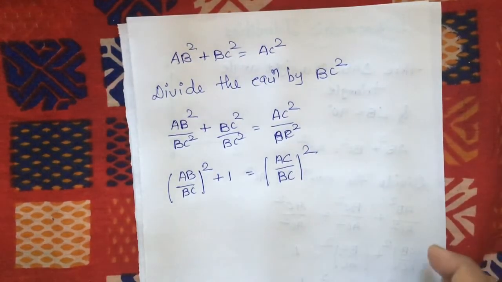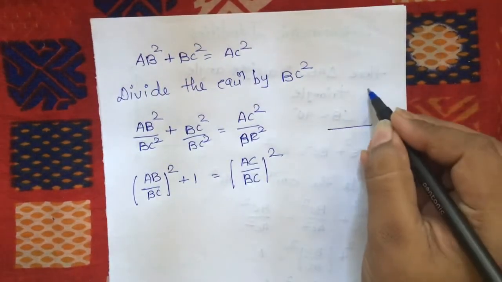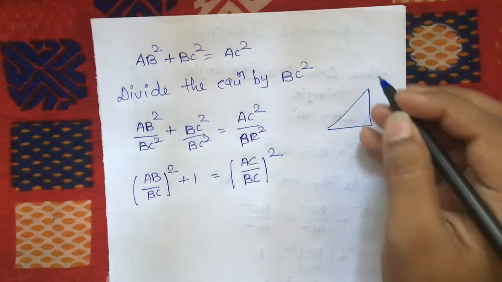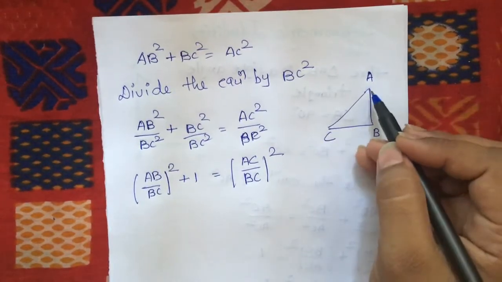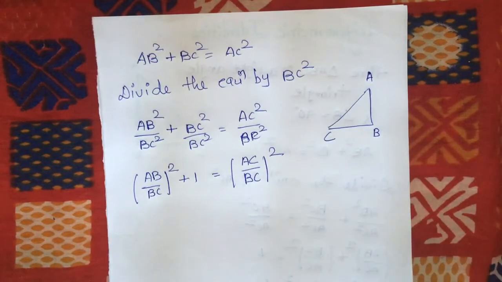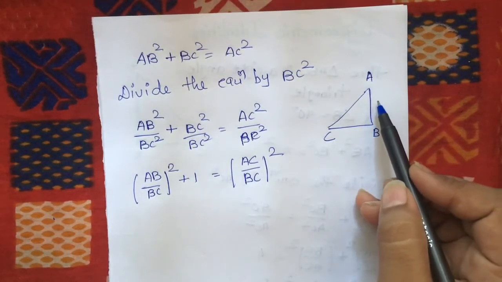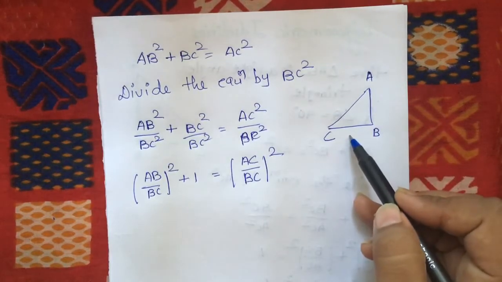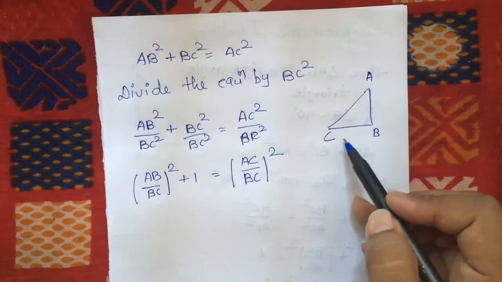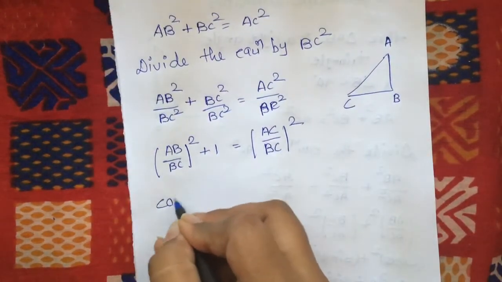So AB upon BC, let's draw our right angle triangle in which we have A, B and C. So what is AB upon BC? This is the adjacent side and this is the opposite. So adjacent upon opposite, which function is that? It is cot theta.